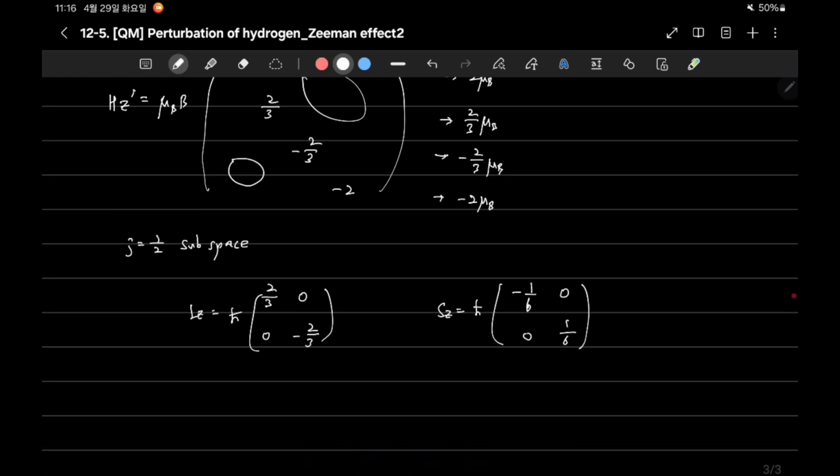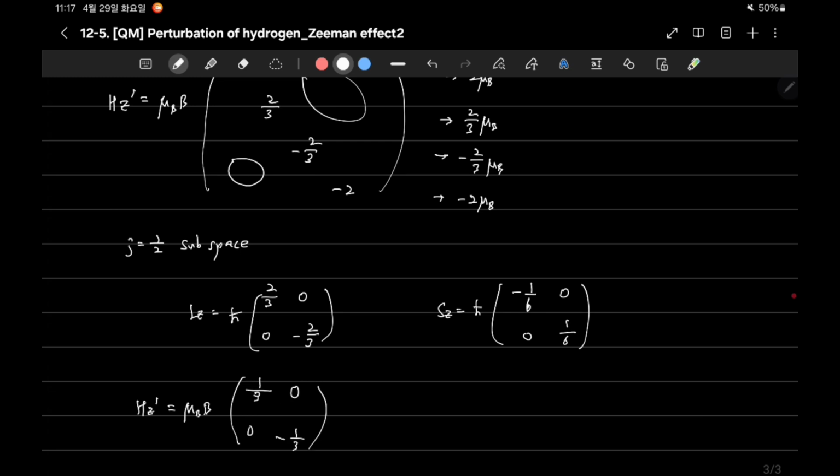This is the subspace J equal to 1/2. So Hg prime for the 1/2 subspace is mu B B times: 2/3 minus 1/3, that is 1/3, minus 2/3 and 1/3, that is minus 1/3, and 0, 0.